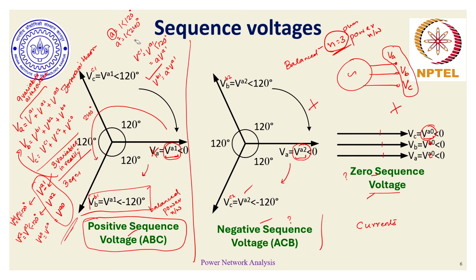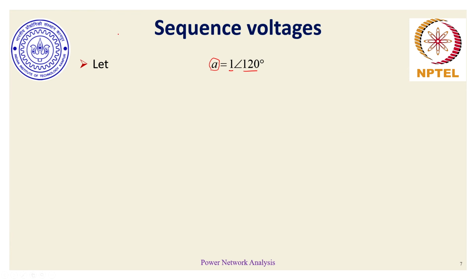Yes, a square is equal to a conjugate, because a conjugate is 1 at an angle minus 120 degrees, which is the same as 1 at an angle 240 degrees. So the complex operator a that we define here becomes very critical, and this value of a satisfies these two equations. Please verify.